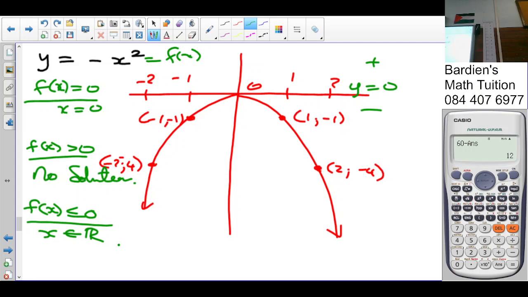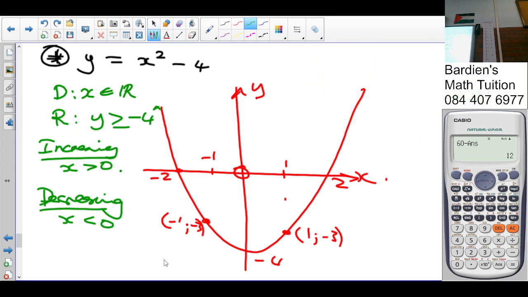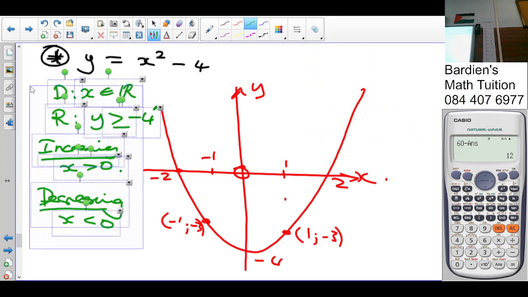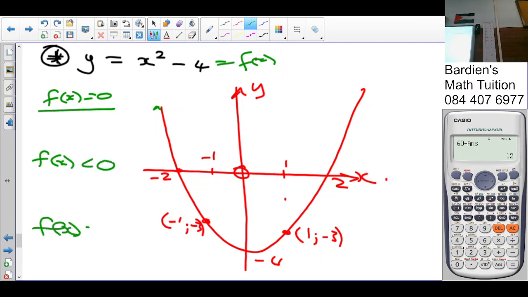Right, let's put your intelligence to the test here now. Where is f of x equal to 0? This is now if that is f of x. Is f of x equal to 0? Is f of x less than 0?